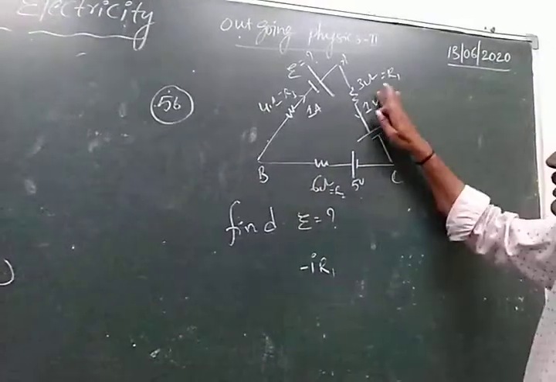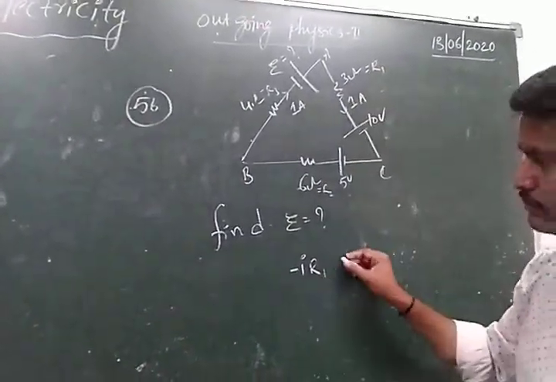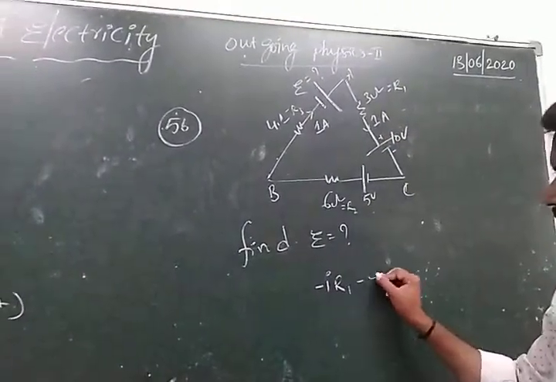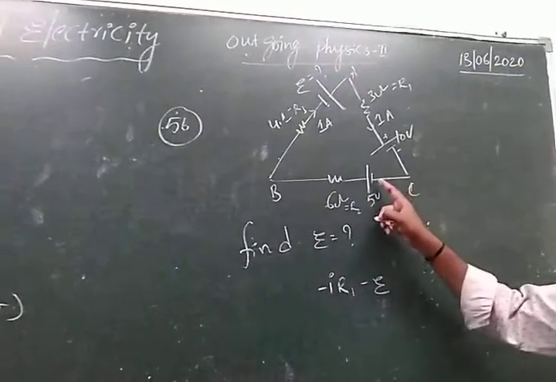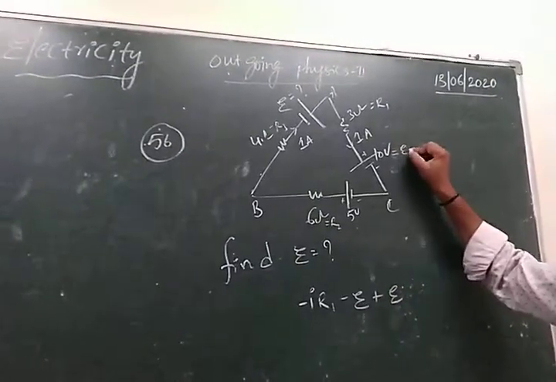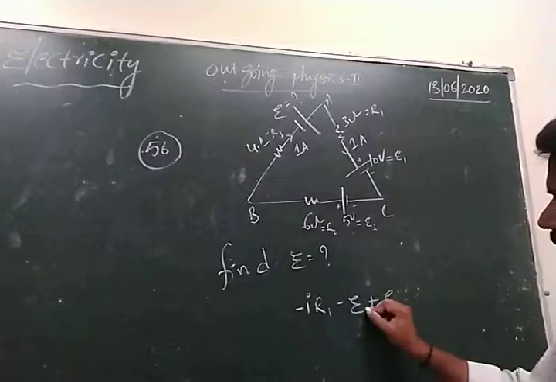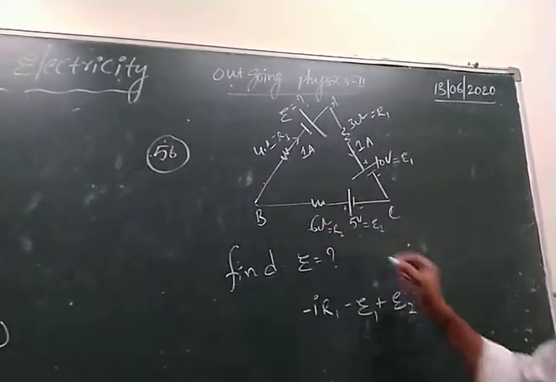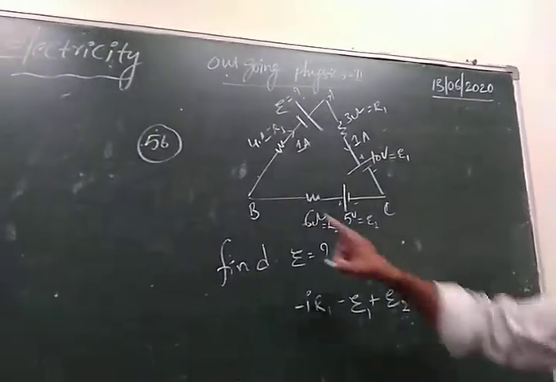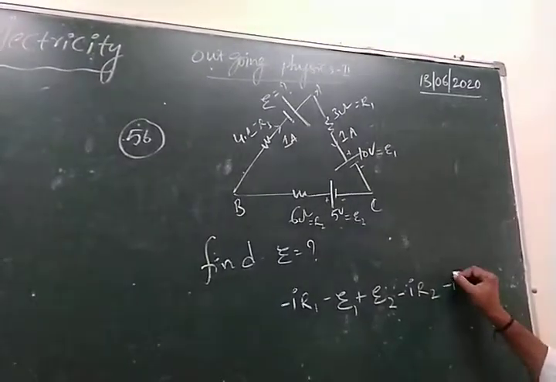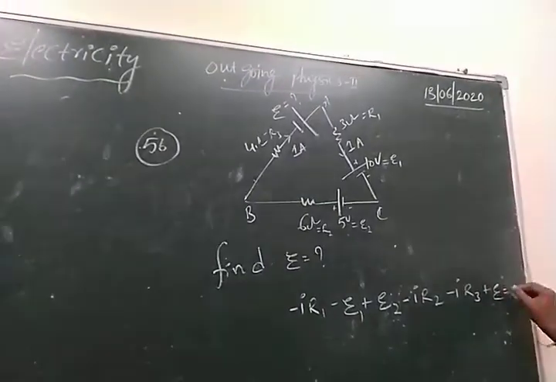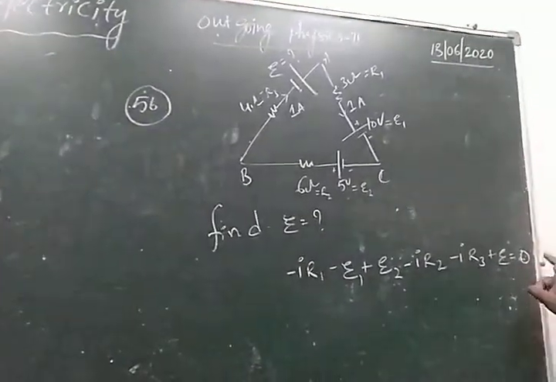Then I into R1, and the potential drop across the cell E2 is minus E2, plus the potential gain E1. This is E1, this is E2. The potential drop across the resistor is minus I into R2, and minus I into R3, next plus E. The sum of potential drops in the closed loop is equal to 0.